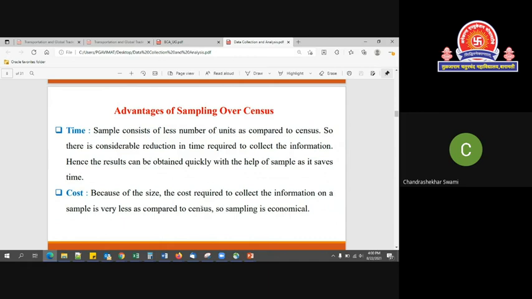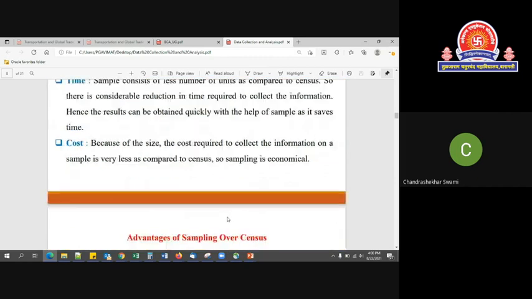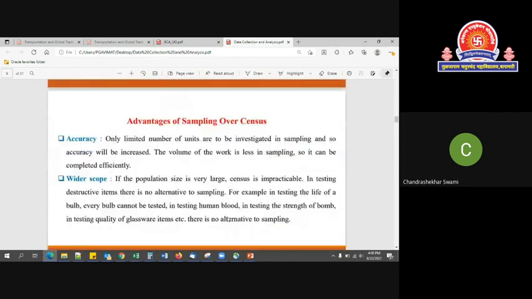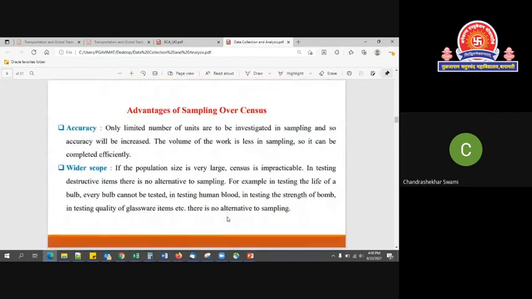Instead, if you use the sampling method, then it requires obviously less cost. Because of the size, the cost required to collect the information on a sample is very less as compared to what? Census. So sampling is economically easy.